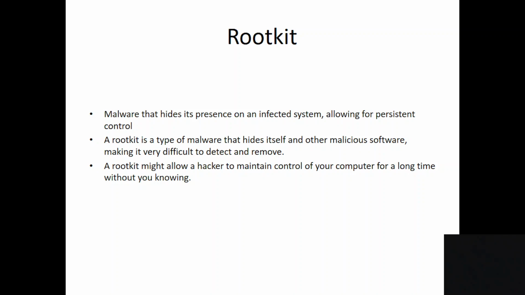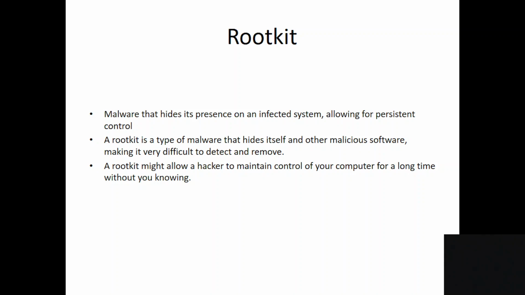Rootkit is malware that hides its presence on an infected system, allowing persistent control. A rootkit is a type of malware that hides itself and other malicious software, making it very difficult to detect and remove the malware or any infection.